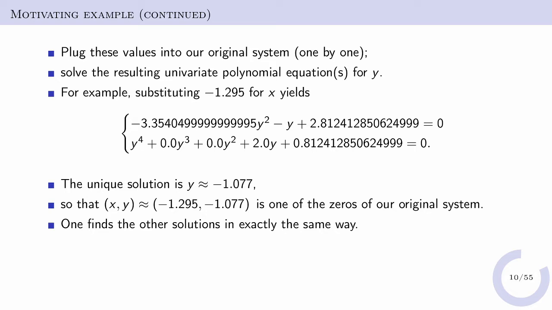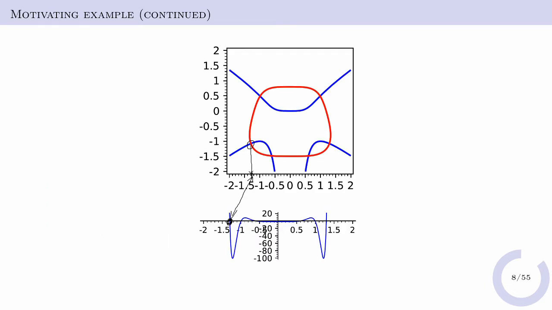So we solve it for y, and the single solution is minus 1.077. So it turns out that minus 1.295 and minus 1.077 is one of the solutions of our system. In fact, if we look back at the picture, this is exactly this one. So this is precisely this solution.